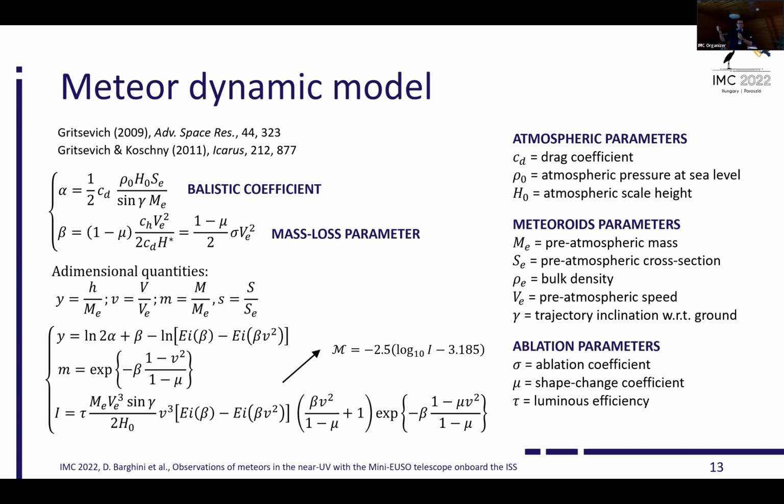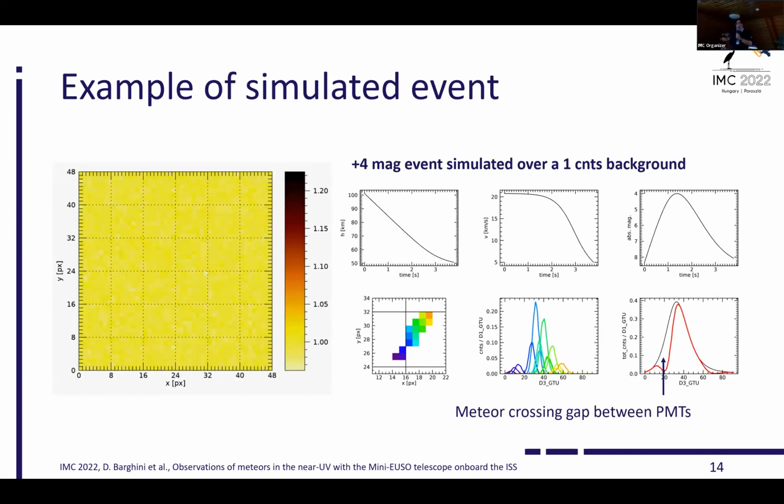I will not go through the equations. We randomly sort over all these quantities to generate a population of meteors, asteroidal, cometary and whatever. And this is an example of simulated events in here.